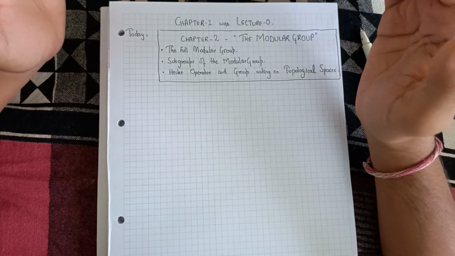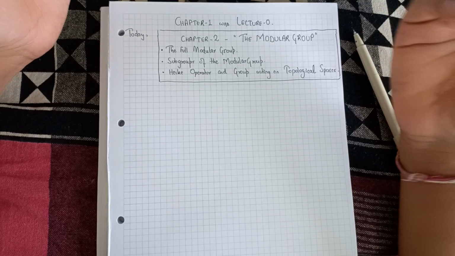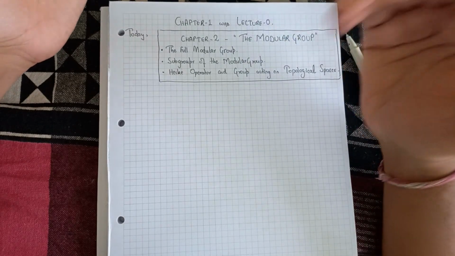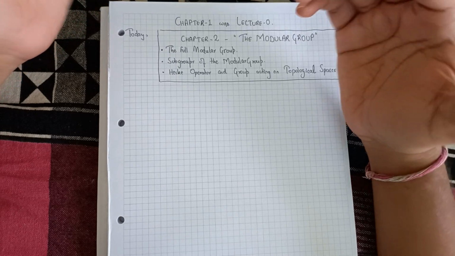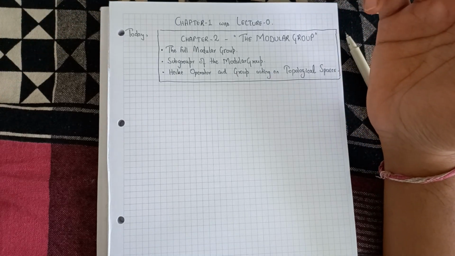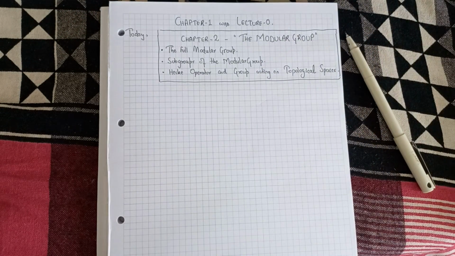Chapter 2 will have the full modular group, subgroups of the modular group, Hecke operators, and groups acting on topological spaces. Now the funny part is, just like if you ever had a course on elliptic functions, for the first few lectures you just read the theory without a single example. I guess a similar thing is going to happen over here.